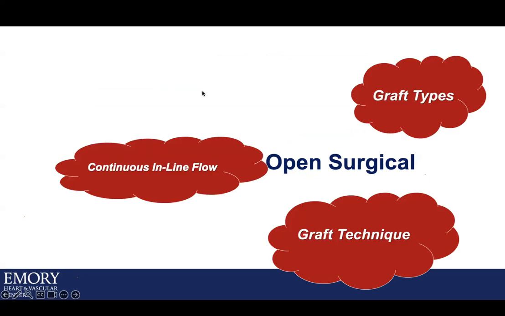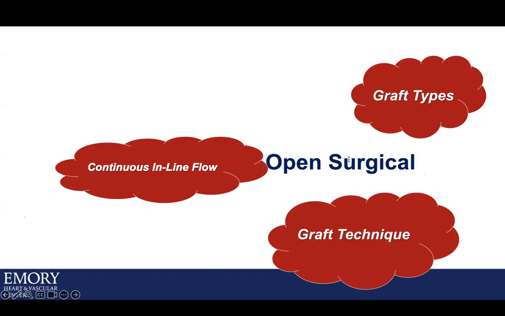On the other hand, when we talk about the surgical approach, we need to talk about the target for the bypass. An acceptable target for bypass surgery should provide adequate runoff to the lower limb and to the foot, so we need a continuous inline flow to the ankle and foot. The second thing is the graft type.